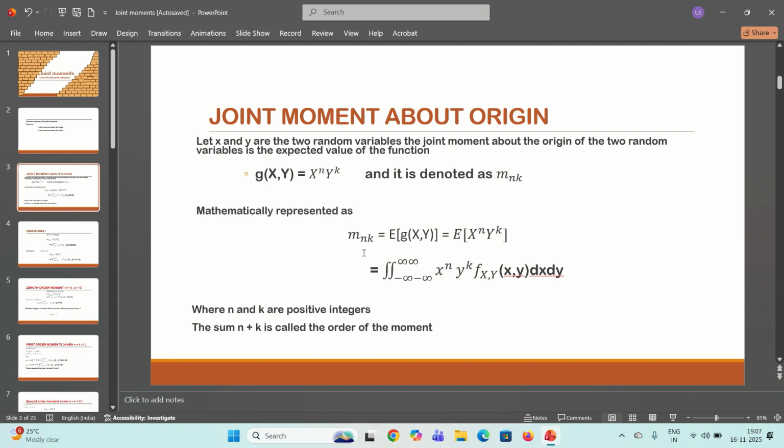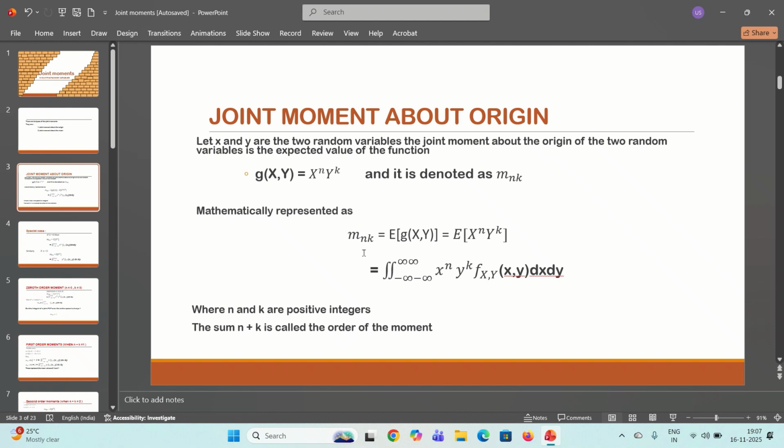We can write it as expectation of x power n y power k, also written as double integral from minus infinity to infinity of x power n y power k along with the joint density function, where n and k are positive integers.